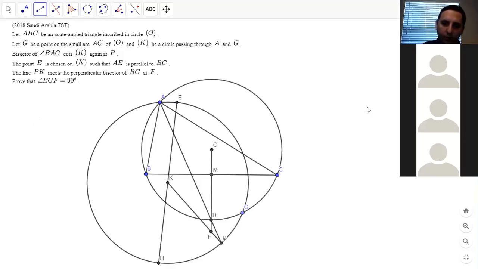So basically we want to show G, F, and H are collinear. I don't think E lies on OG. That would be too good to be true.